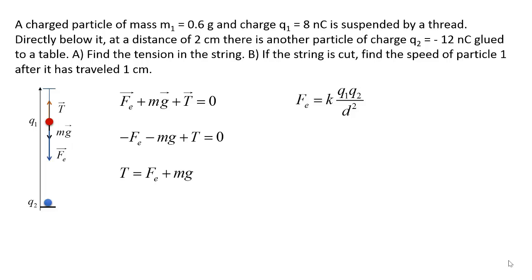The electric force from Coulomb's law is calculated as the electric constant K multiplied by the product between charge 1 and charge 2 and divided by the distance between them squared.